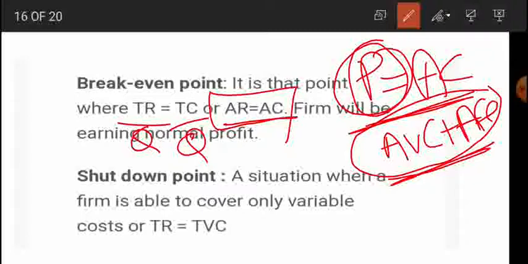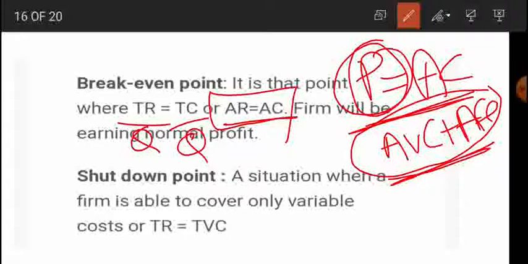So in case of break even point, because the firm is capable to cover its entire costs, or you can say the firm is getting normal profit, the firm will continue to produce in break even point. मतलब break even point पर firm production को continue करेगी, because the firm is capable to cover all of its costs and the firm is capable to get normal profit.